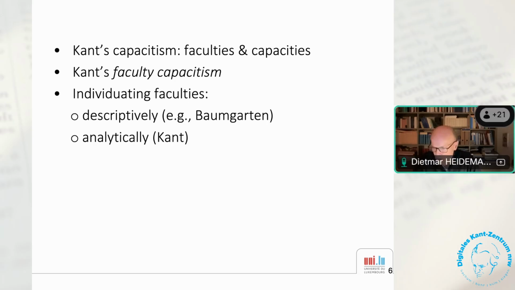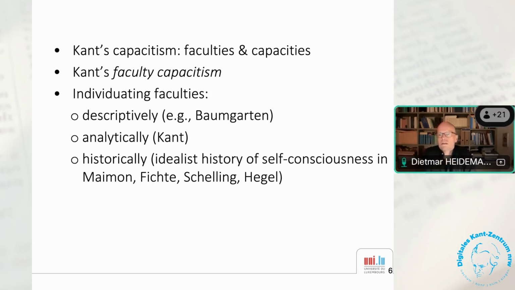And the third option is, of course, historically, in what is known as the idealist history of self-consciousness, in, for example, Maimon, Fichte, Schelling, Hegel, and others, which systematically simply means we're going to understand the development of cognitive capacities historically, in the sense that we explain how capacities develop throughout the individual cognizer's cognitive development, so to speak. But that's not what I'm going to look at in this talk.